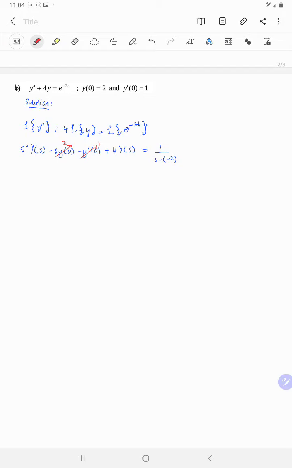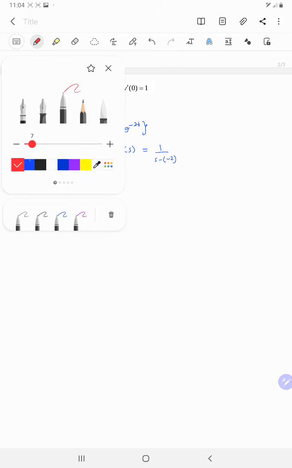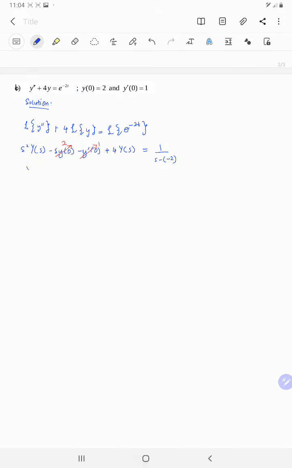Okay, next you simplify this. There is Y(s), so you factor that first. You factor that Y(s). Okay. And then there is the term negative 2s minus 1.